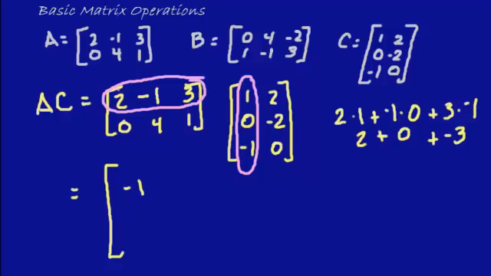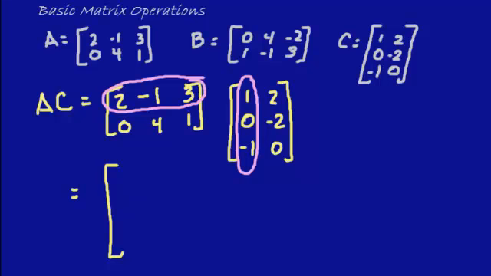Okay, so I'm finished with the first row, first column. So I'll get that mess out of the way. I did away with my little element. That was 2 and a -3, so that was a -1. I'll put it back. Next, I'm finished with this column, so I go on to the next column, and I'm going to do the same kind of thing.